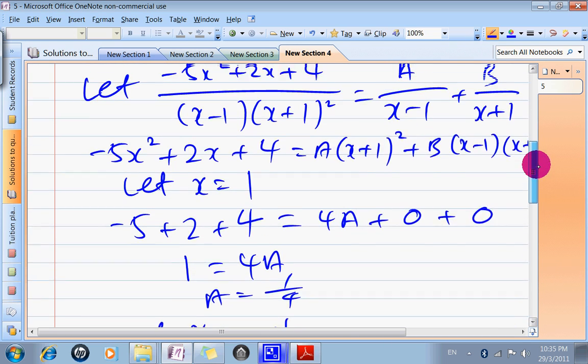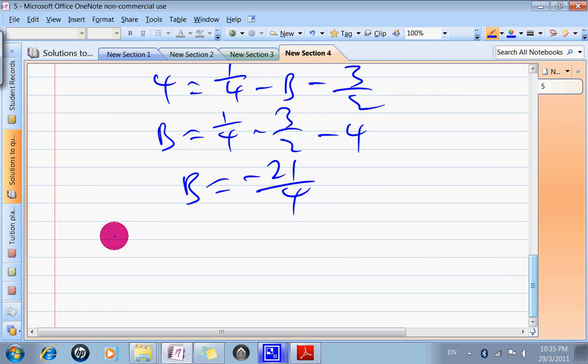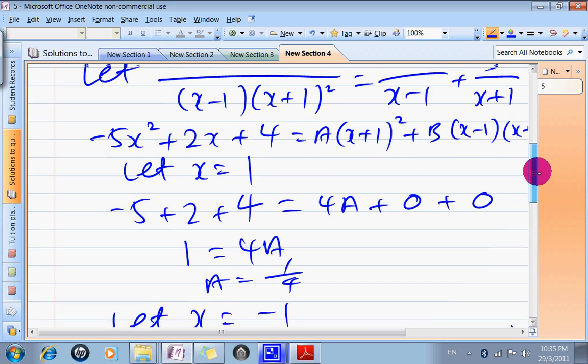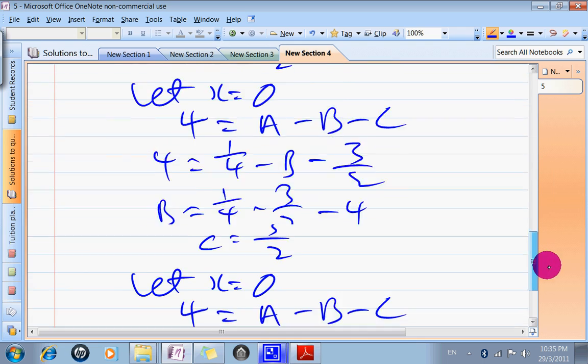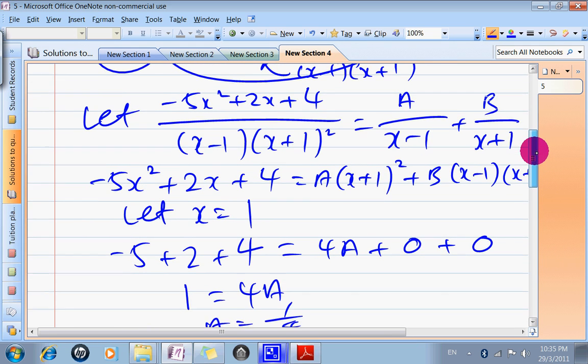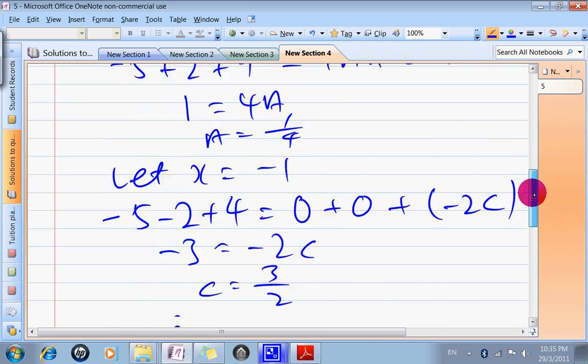So we know that the partial fraction negative 5x squared plus 2x plus 4 upon x minus 1 times x plus 1 squared will be equals to A over x minus 1.